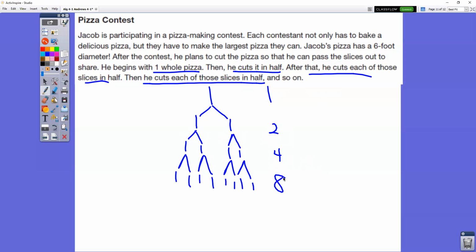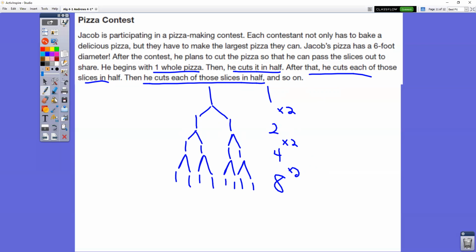So now he has 8 slices. Well, what are we doing each time? We are multiplying by 2 each time, because we're taking each of those and cutting it in half. So we're multiplying by 2 the total number of slices of pizza.